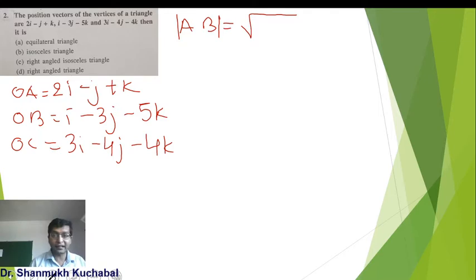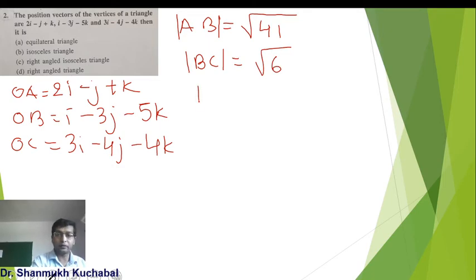The magnitude is root 41. Similarly, the magnitude of BC is root 6, and the magnitude of CA is root 35.